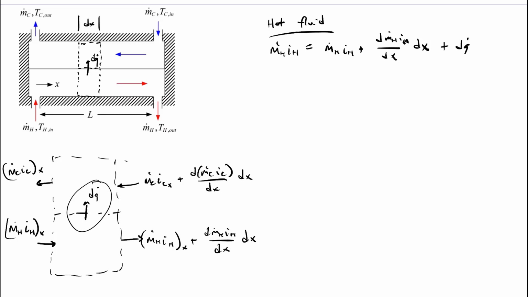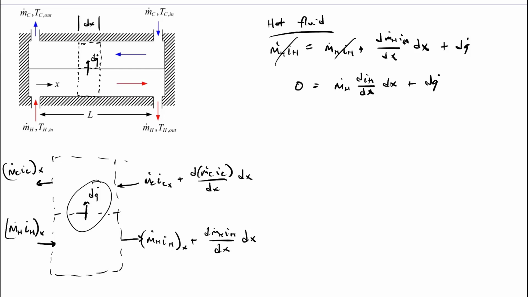That's leaving, so it's on the right-hand side with the other stuff. Okay, so that's our energy balance on the hot side. We can simplify this a little bit, canceling out those terms, and we end up with 0 equal to m dot h d(i_h)/dx dx plus dq dot.